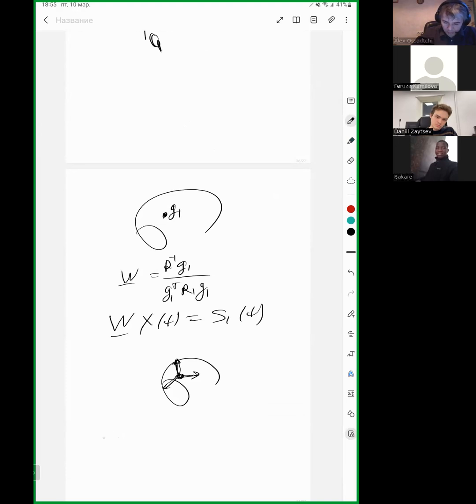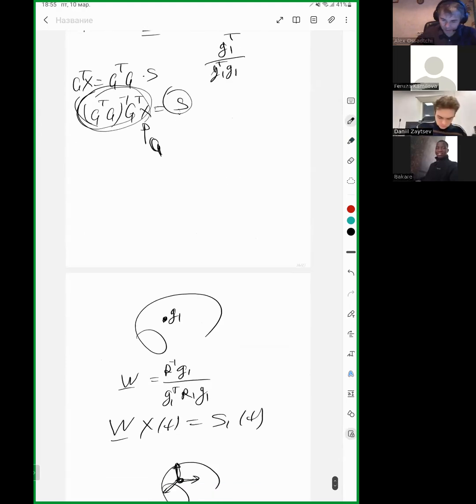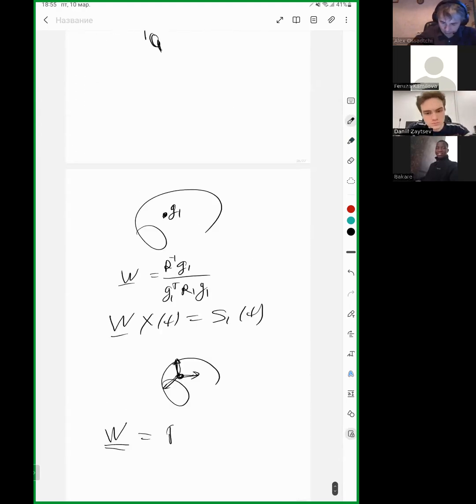So your W, which is now a matrix, a set of filters, is equal to, let me see, this is something I always forget, R minus 1 G multiplied by G R minus 1 G to the minus first, right? This is matrix, this is matrix, this is matrix.